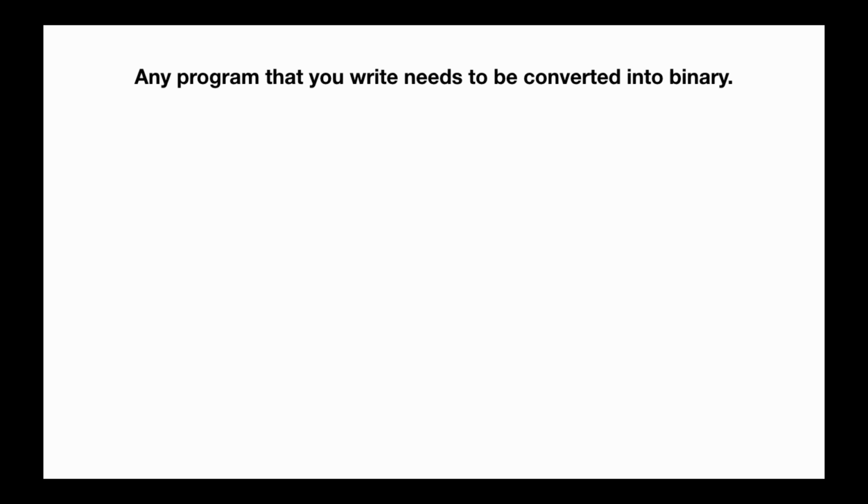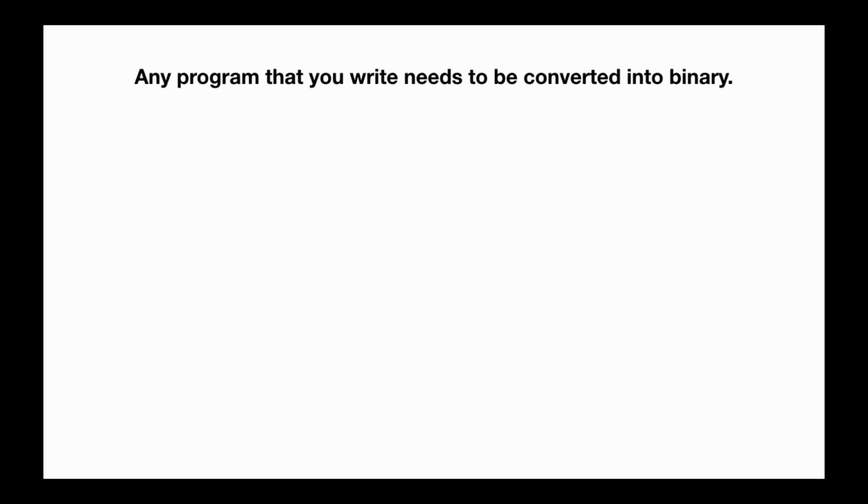Now any program that you write needs to be converted into binary, because as I've told you, all we can do with computers is turn the switches inside them on and off. You're writing a program by using English alphabets, A to Z, numbers 0 to 9, special characters and all that stuff.